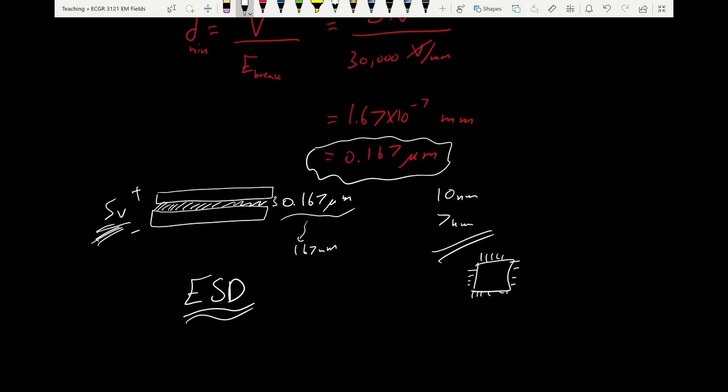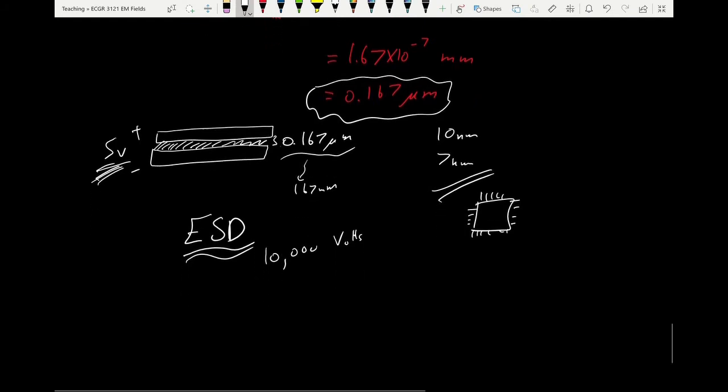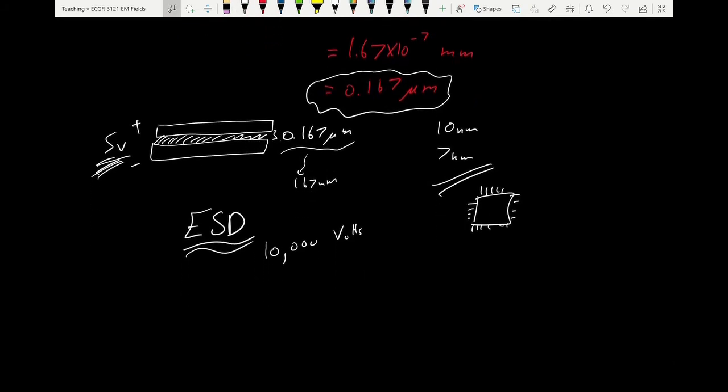So with electronic chips, this buildup of charge can reach voltages that are tens of thousands of volts in electrostatic discharge. That will zap any semiconductor, that will destroy any insulator. So you have to be mindful of that when you design those distances. You have to over design a bit. That's also the reason why you have to properly ground your chips.